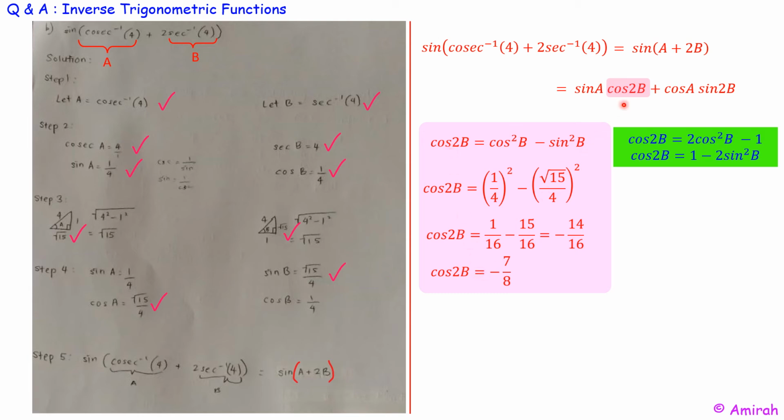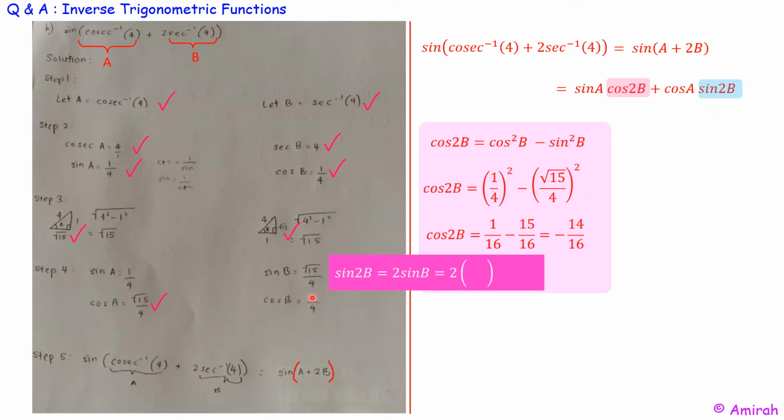Okay, never multiply 2 and cos B here. Okay, this is wrong, right? Alright, now how to find sin 2B? Some students find sin 2B by multiplying root 15 over 4, which is the value of sin B, by 2.